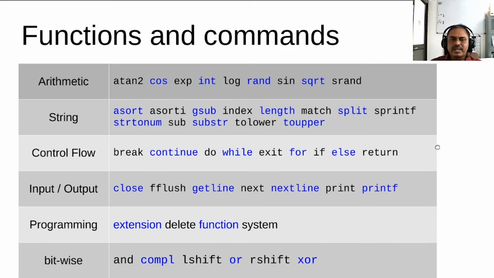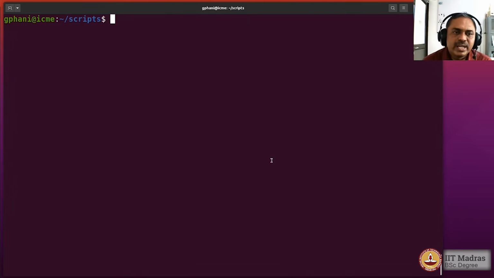All those are also available in awk. Input output functions are available for printing or to read input from a shell command that is executed in the background, and you also have the ability to write your own functions. And bitwise operators are also available for fast execution. So that way the awk language is fairly comprehensive, and if you learn it understanding the way it executes, then you can put it to very good use. Now let us look at the other examples to illustrate the execution model of awk.